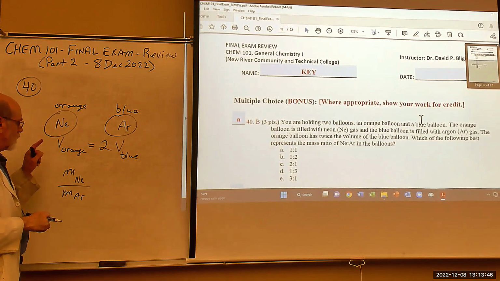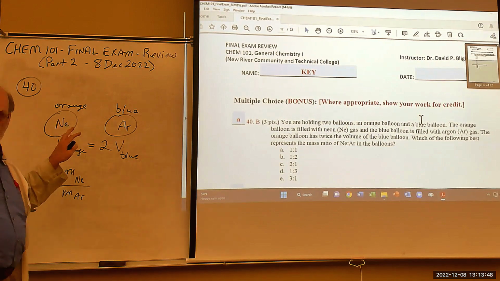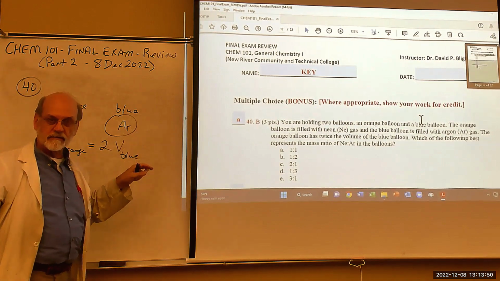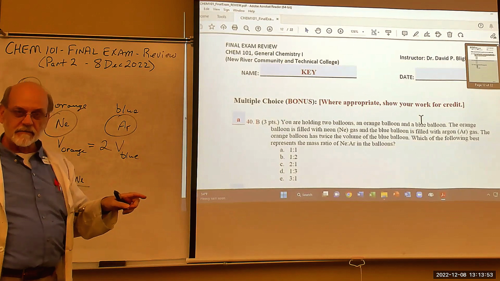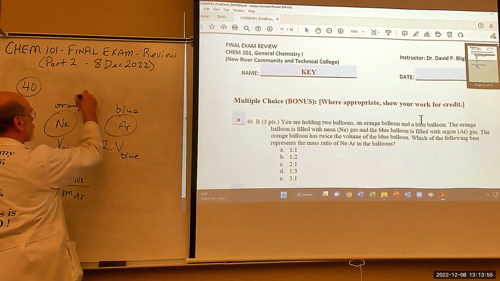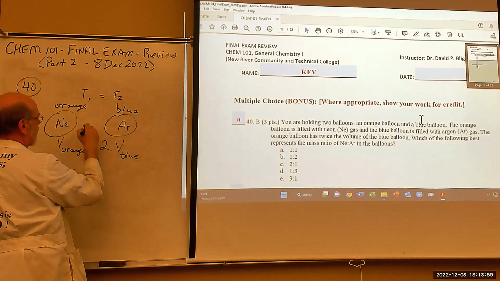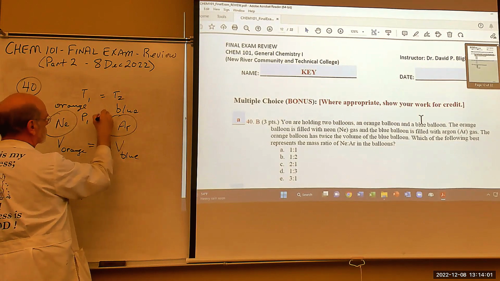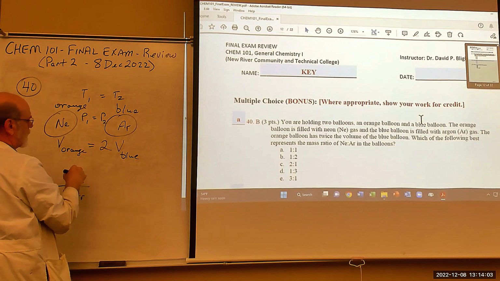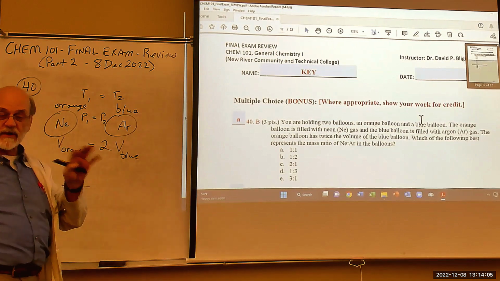All right, what do we know about these balloons? Avogadro said, as long as the temperatures are equal and the pressure is equal and the volumes are equal, you have the same number of particles.